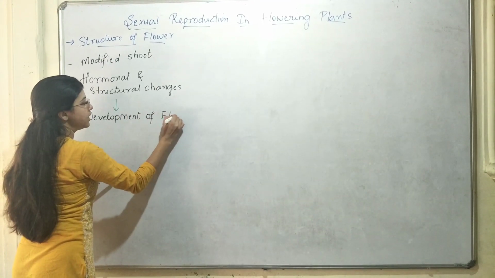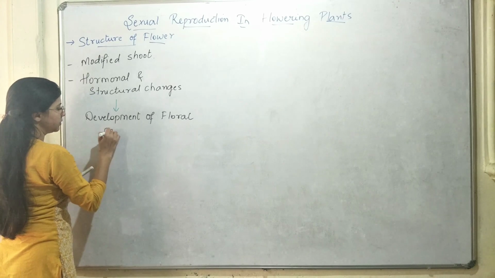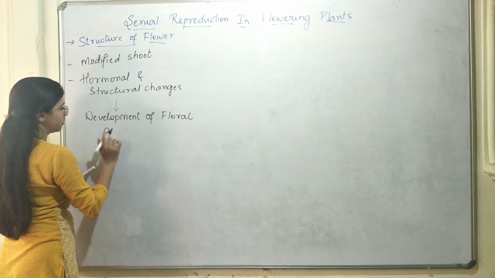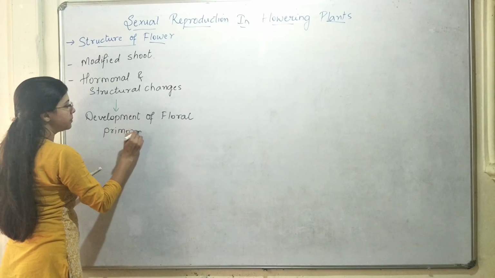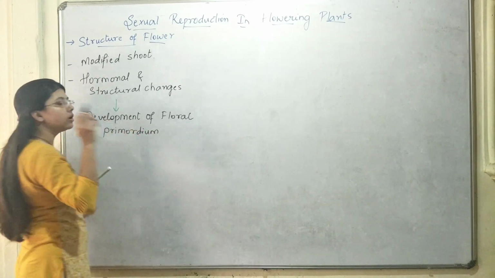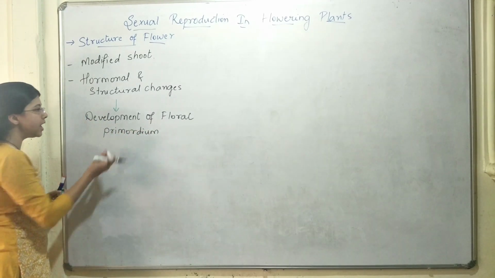the floral primordium. Floral primordium is that part from where exactly the flower is going to be formed.